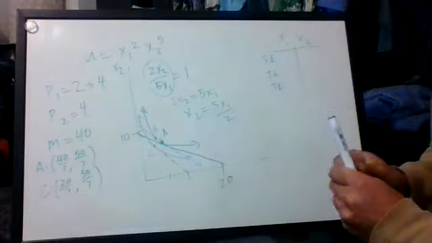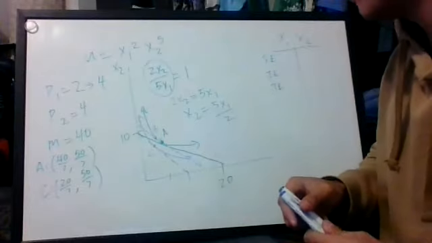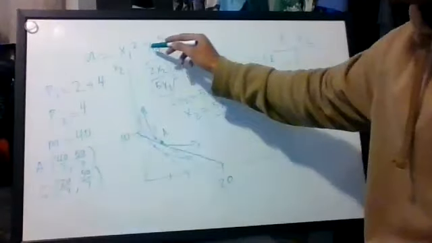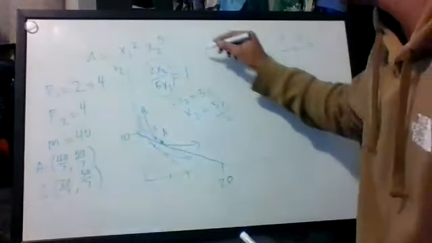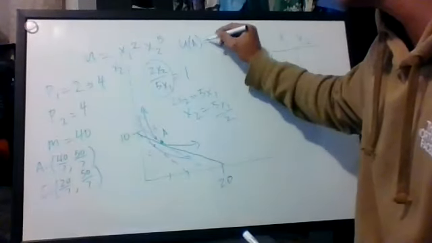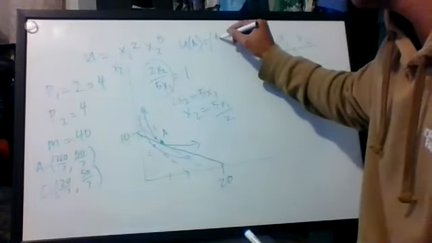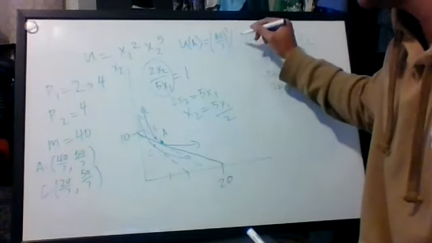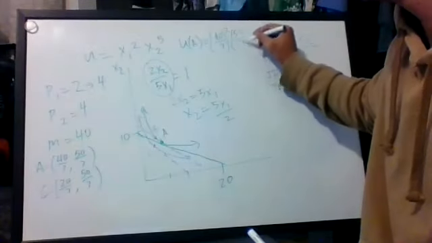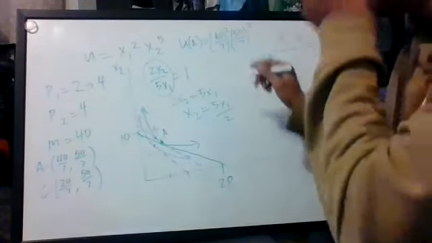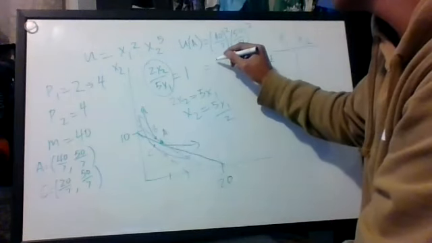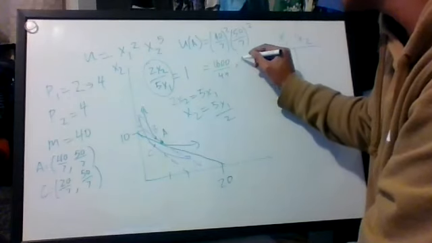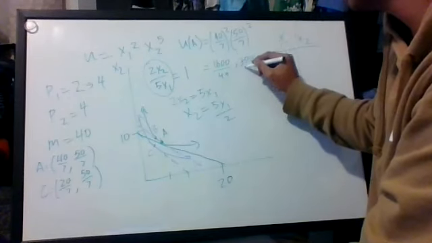And this is where the calculations get a little bit funky, because I need to plug these values into my utility function. The utility at point A is going to be 40 over 7 squared times 50 over 7 squared, which is about 1600 over 49 times 2500 over 49.